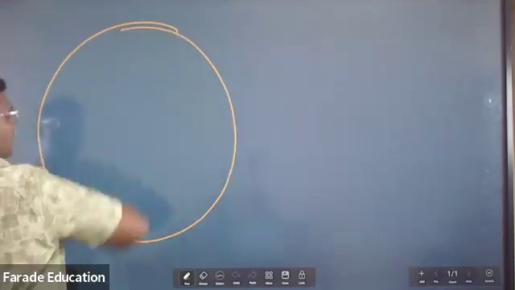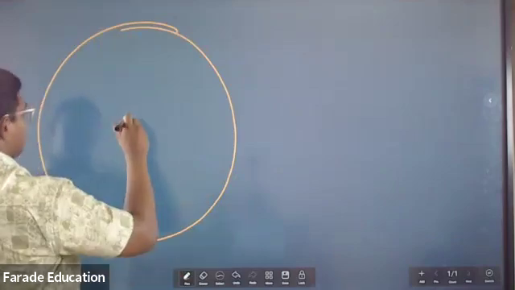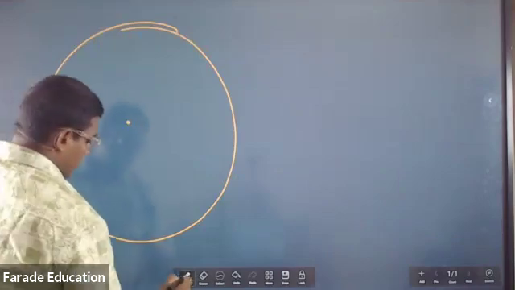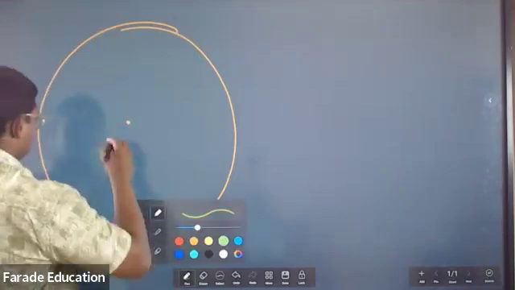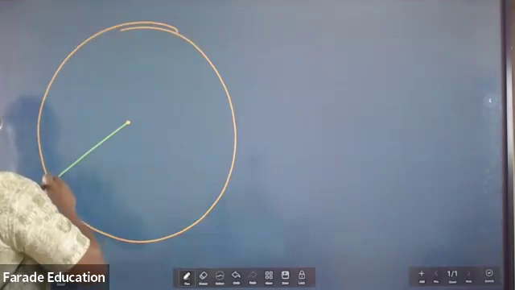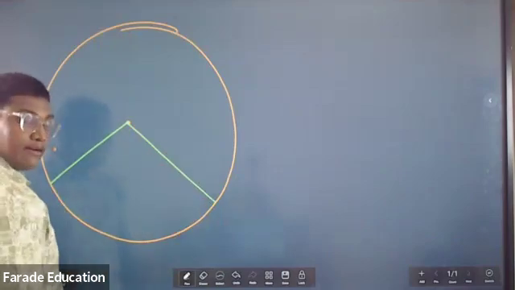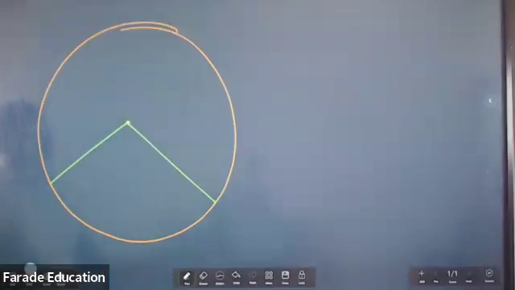When we have a circle with center O, this is a radii. This is a radii. What they do is they divide the circle into two sectors. Major sector, the bigger one, smaller is the minor sector.